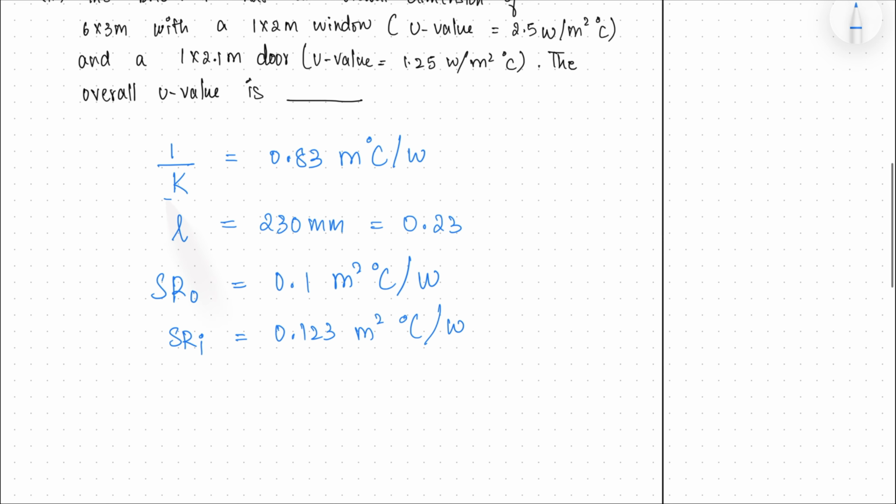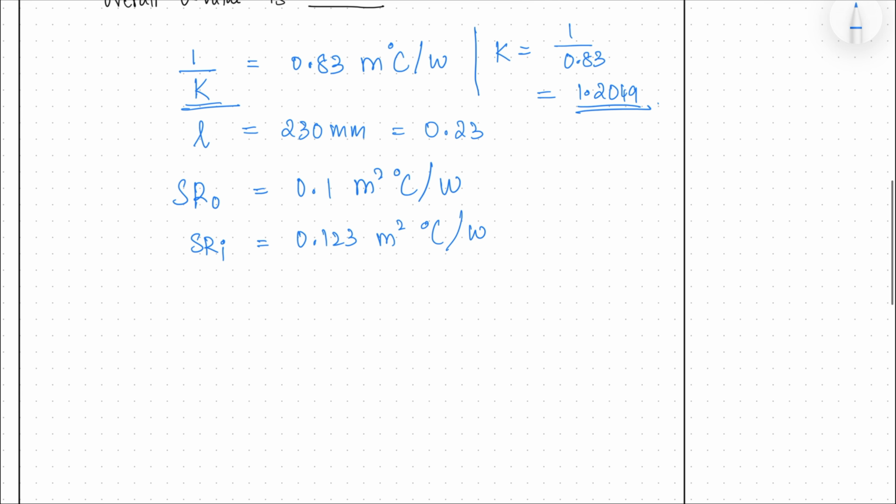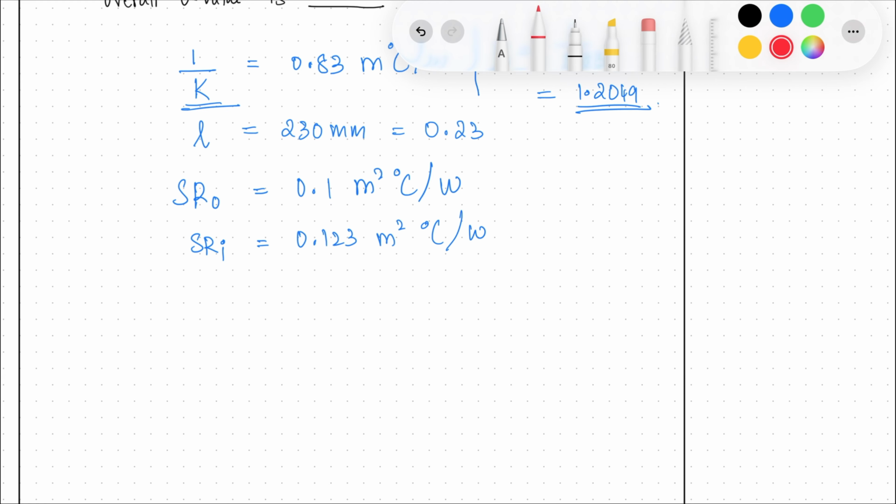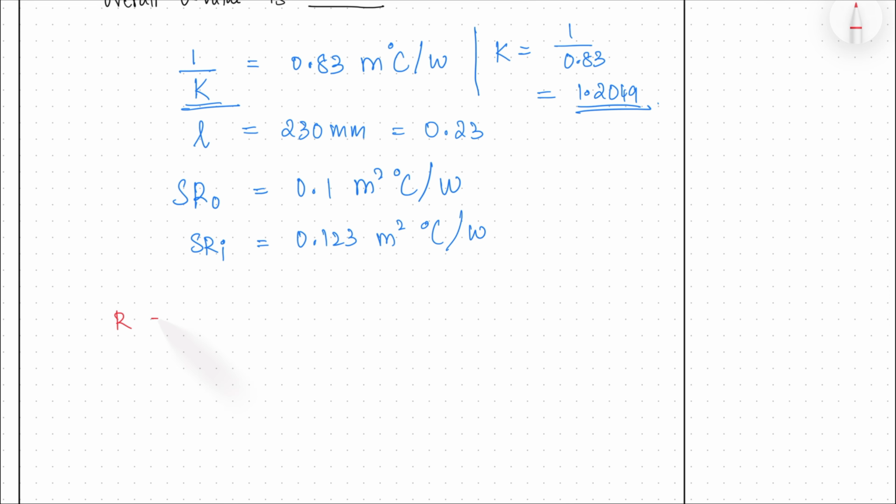Here you have 1 by K. Let's find our K, which should be 1 by 0.83, which will give you 1.2049. Okay, now let's find the R value. So what is the formula for R value? R value is additive in nature.